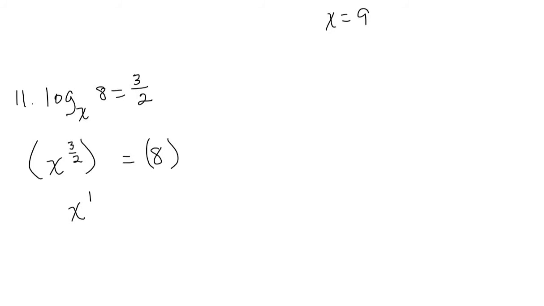Well, what do I need to multiply 3/2 by to get 1? Well, I need to multiply by its reciprocal, 2/3. So over here, I have 8 to the 2/3 power. And 8 to the 2/3 power is going to be 4. So x equals 4.